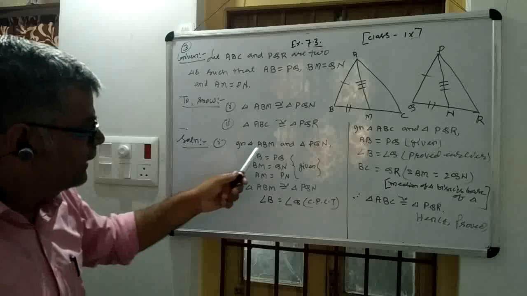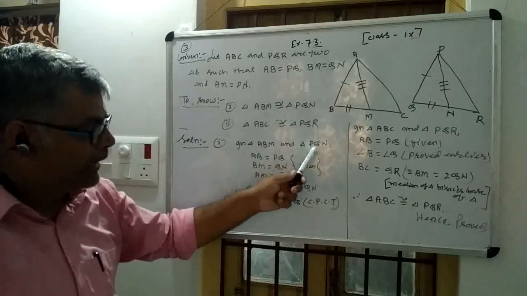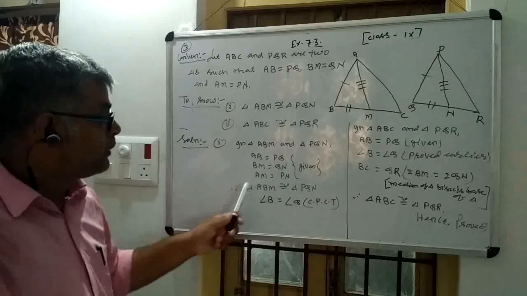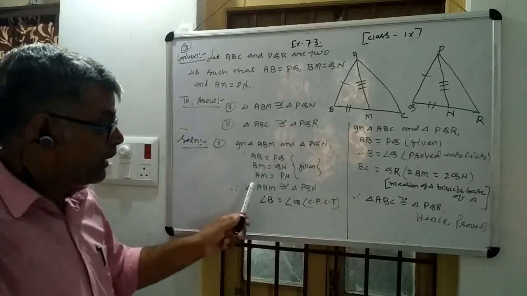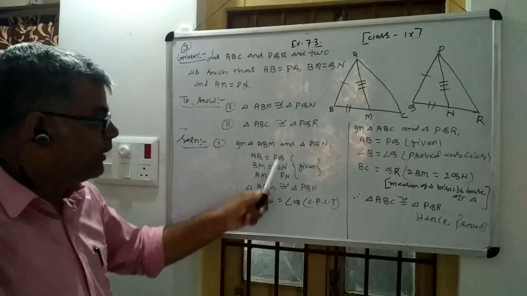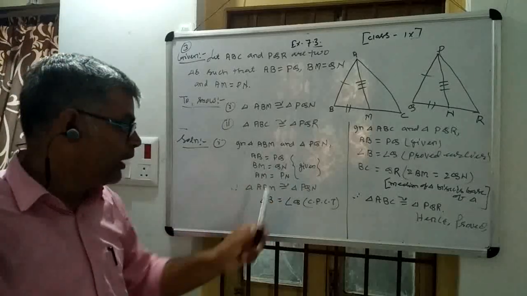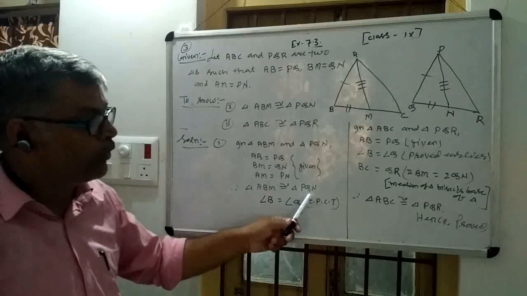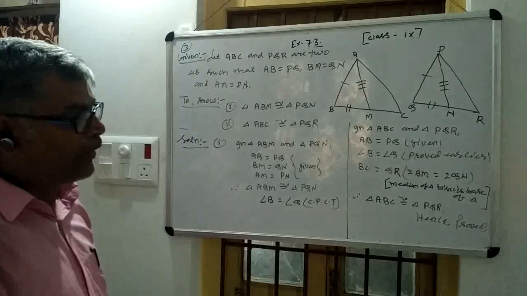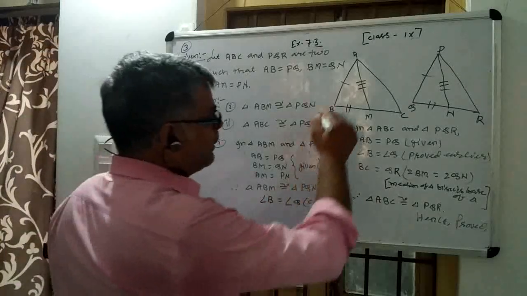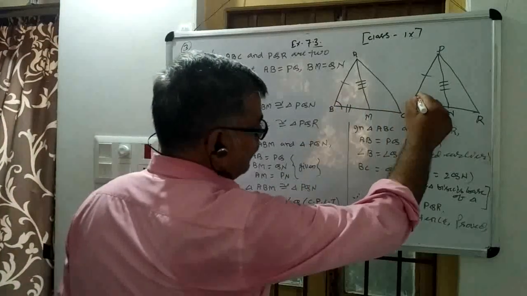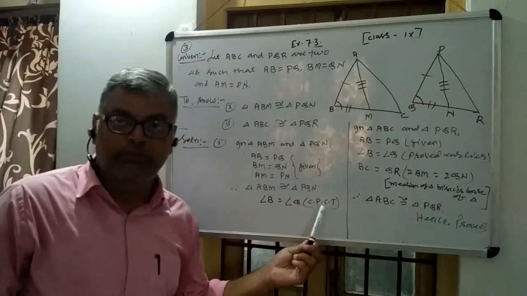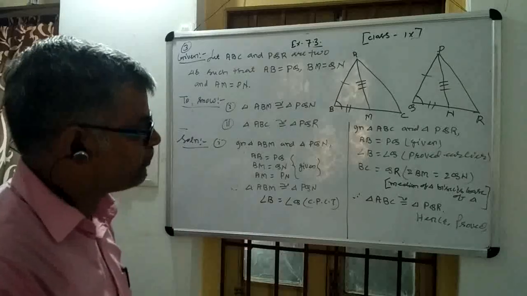So taking these two triangles, we have AB equals PQ, BM equals QN, and AM equals PN. These three sides become equal. So by the property of SSS, triangle ABM is congruent to triangle PQN. And when these two triangles become congruent, angle B becomes equal to angle Q by the property of CPCT, corresponding parts of congruent triangles.